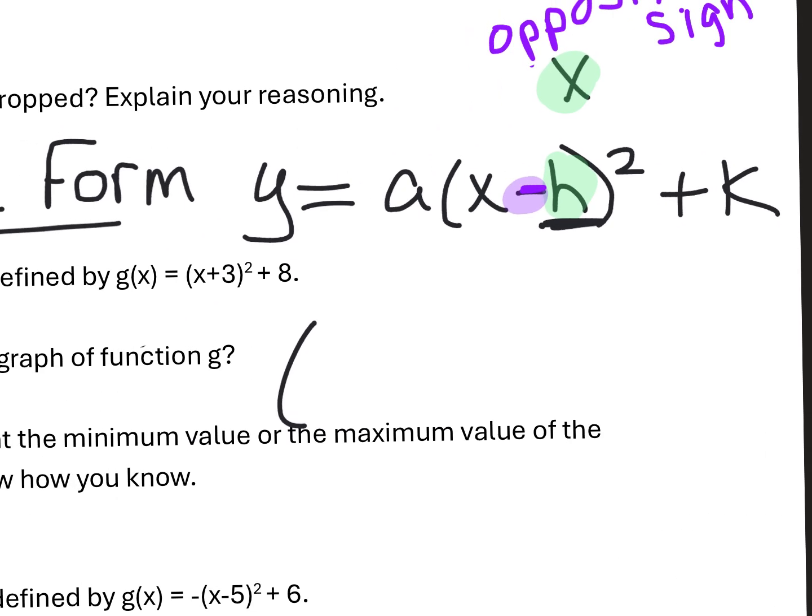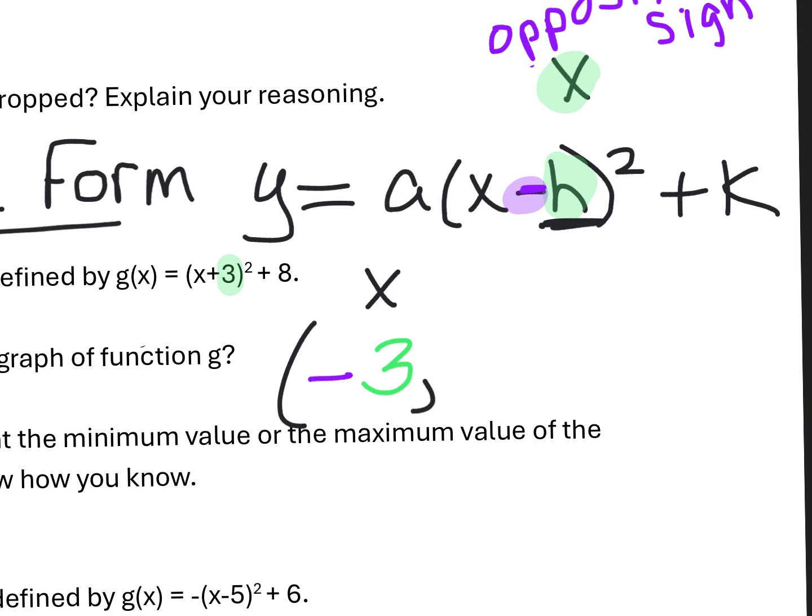So if I look in my equation, this is a positive 3. So my x-coordinate is actually going to be a negative 3 because that's the opposite of the positive 3.